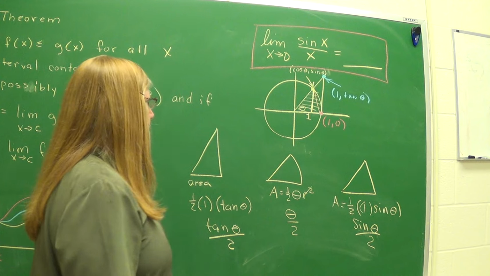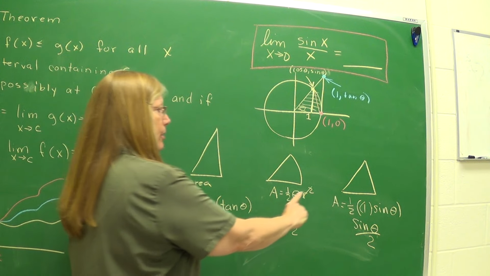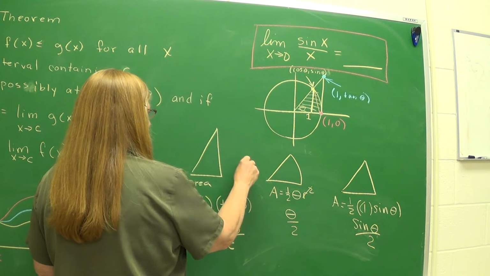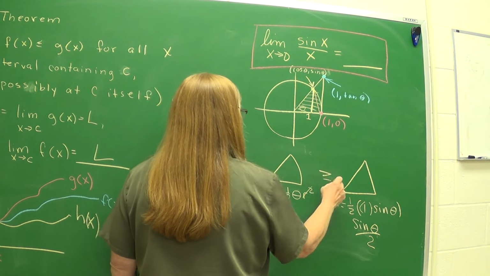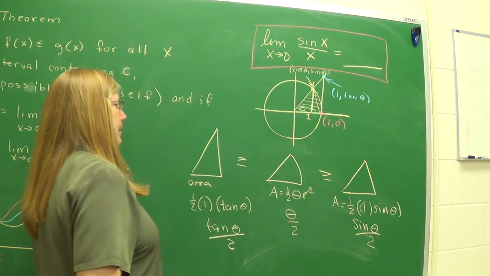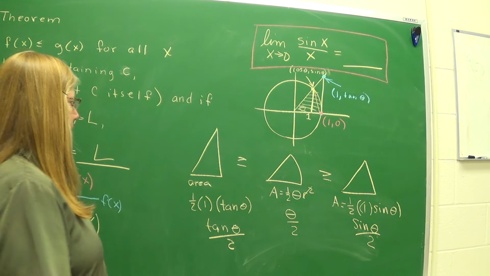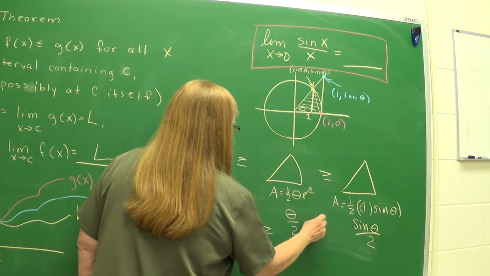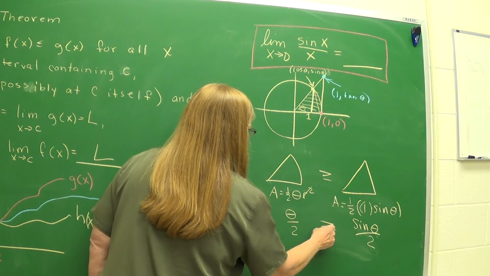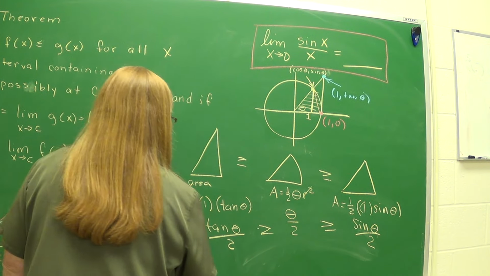Now what is the relationship of the size of these 3 pieces? This one is bigger than this one, and this one is bigger than this one. It shows up clearly here. So I now know that tangent theta over 2 is greater than theta over 2, which is greater than sine theta over 2.